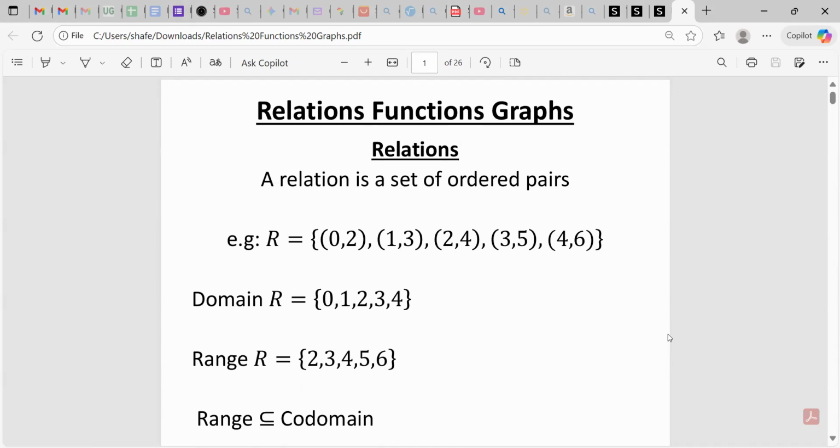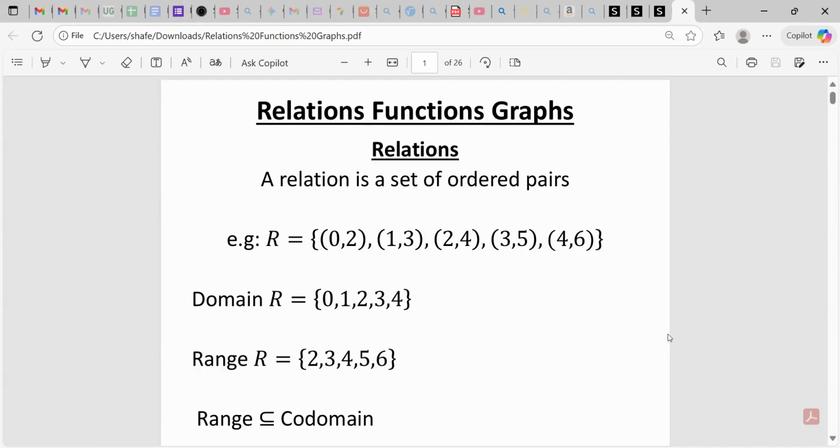And in mathematics, you'll see them defining a relation as a set of ordered pairs. And we got a little example there, right? Right away, mention is made that it's a set. So therefore, you'd have to put curly brackets.